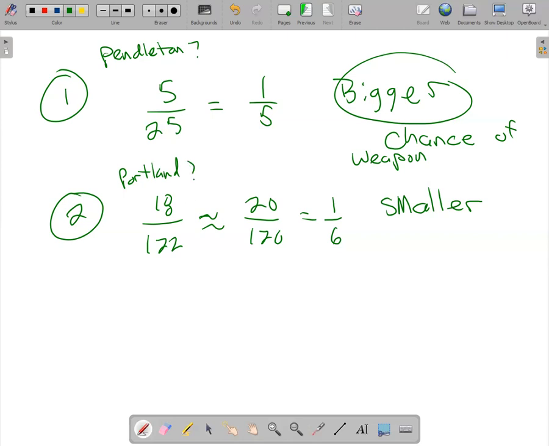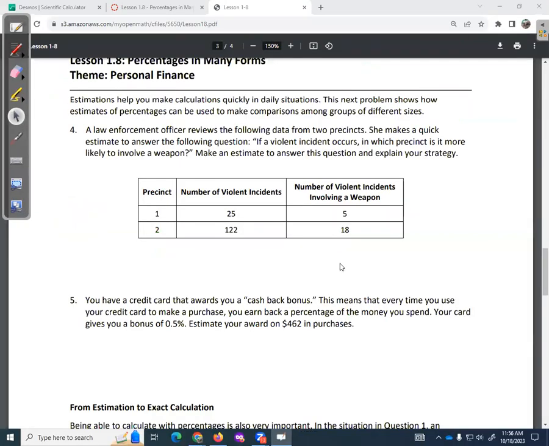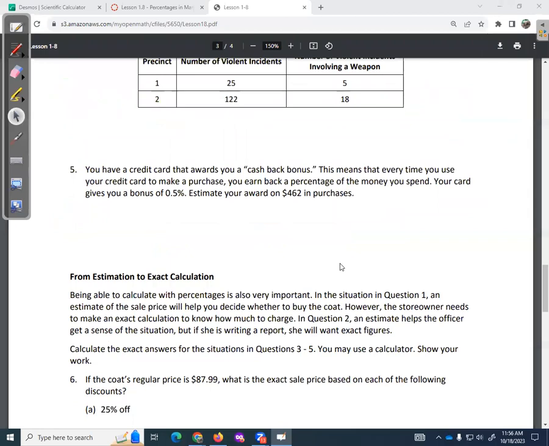Okay, moving along, focus. All right, so here we've got a cash back bonus. This means every time you use your credit card to make a purchase, you can earn 1% of the money you spent. Your card gives 0.5% for what you do.